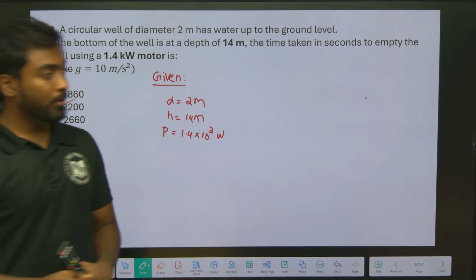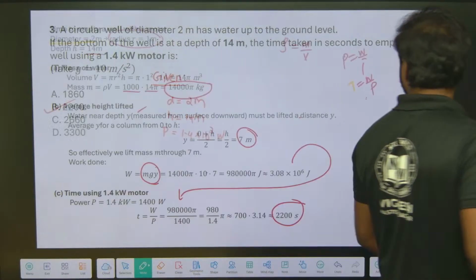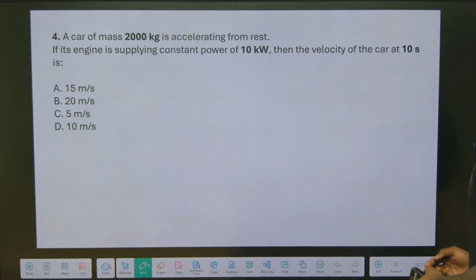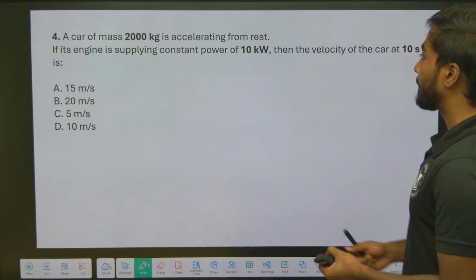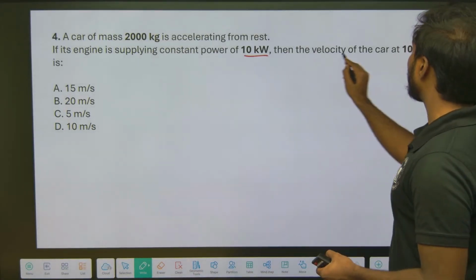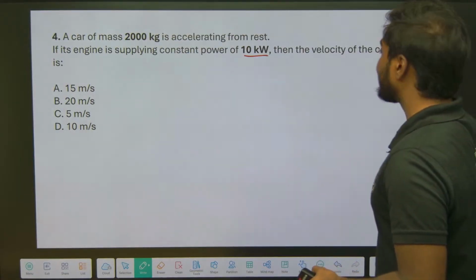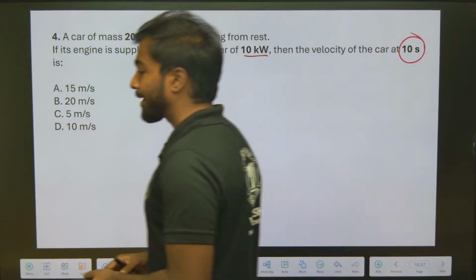Okay, so we'll see the next question. A car of mass 2000 kg is accelerating from rest. If its engine is supplying a constant power of 10 kilowatt, then the velocity of the car at 10 seconds is. So what is the velocity they are asking?